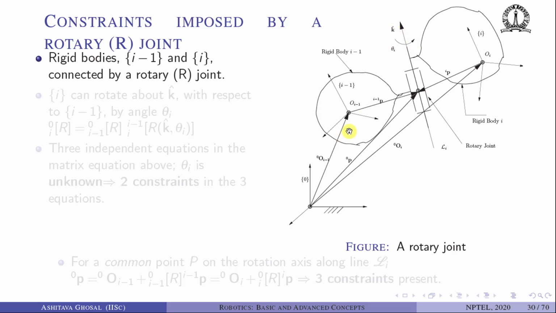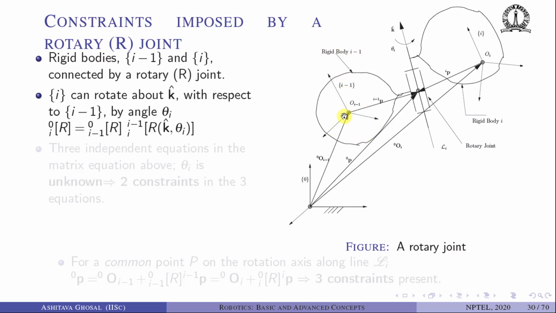The rigid body is, as usual, represented using a coordinate system, x(i-1), y(i-1), z(i-1), if the rigid body is labeled i minus 1, and there is an origin O(i-1). The next rigid body, the ith rigid body, also has 3 axes, xi, yi, zi, and an origin Oi. The origin of the ith coordinate system can be represented by a vector Oi with respect to the 0 coordinate system, and the origin of the i minus 1th rigid body can be represented by a vector O(i-1).